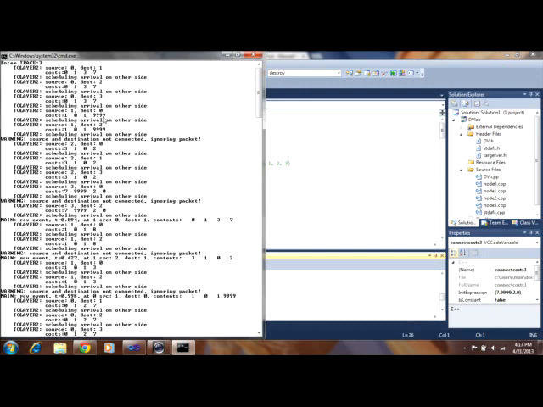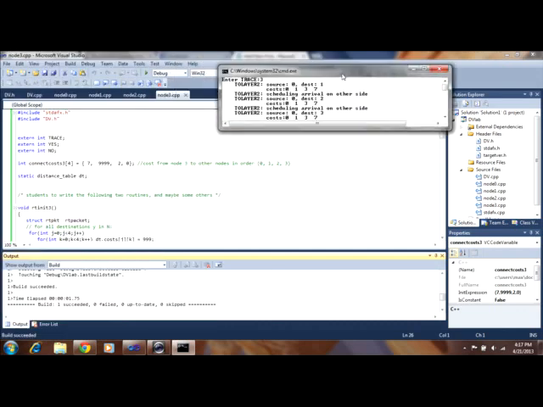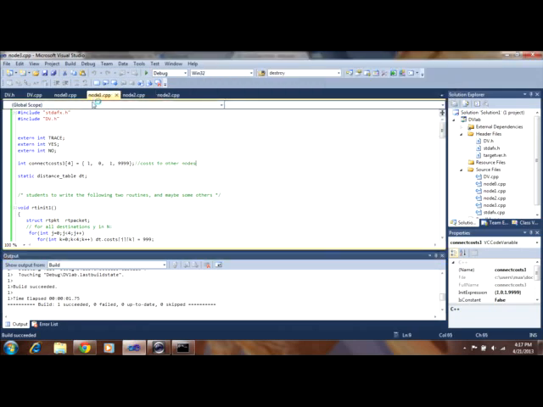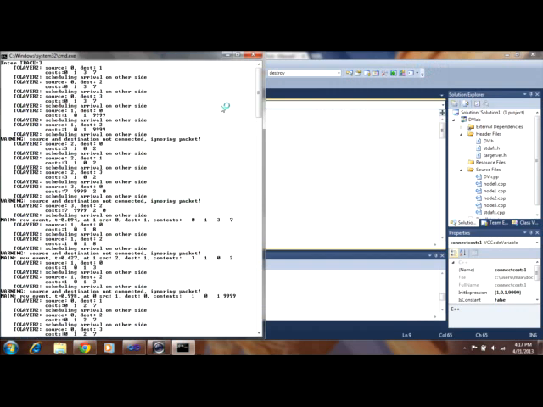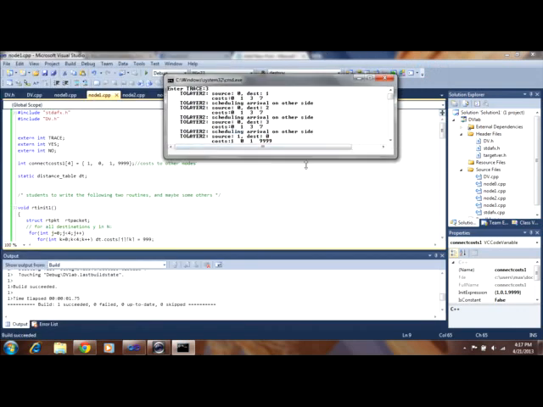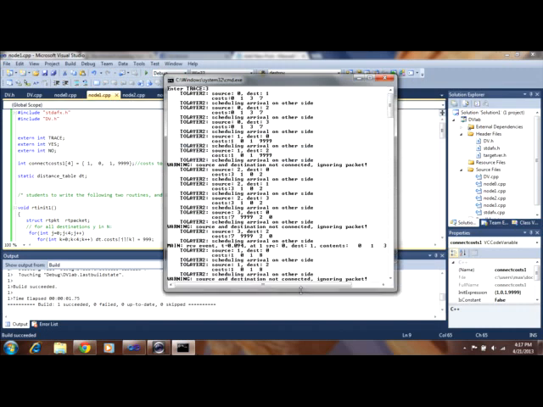So then, after they all receive that, node 1 is going to go ahead and say, oh, so router 0, and out to both 0 and 2, the only 2 nodes it's connected to, that its current numbers are 1, 0, 1, and 9999.